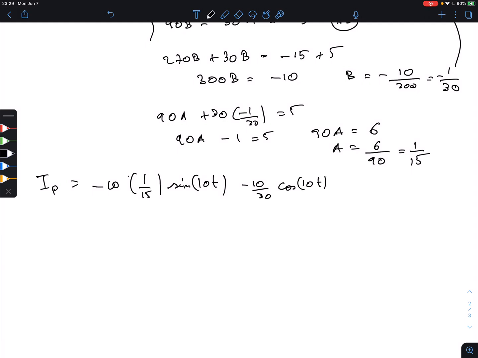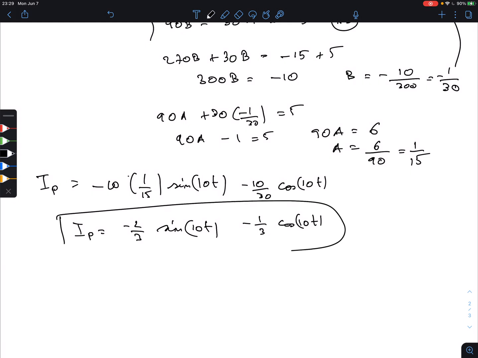So we see that we can cancel here, this becomes 1/3 cosine 10t, and this becomes minus 2/3 sine 10t. And I think, yes, now it's correct. Okay, so that's the particular solution, what they call the steady state for the current.